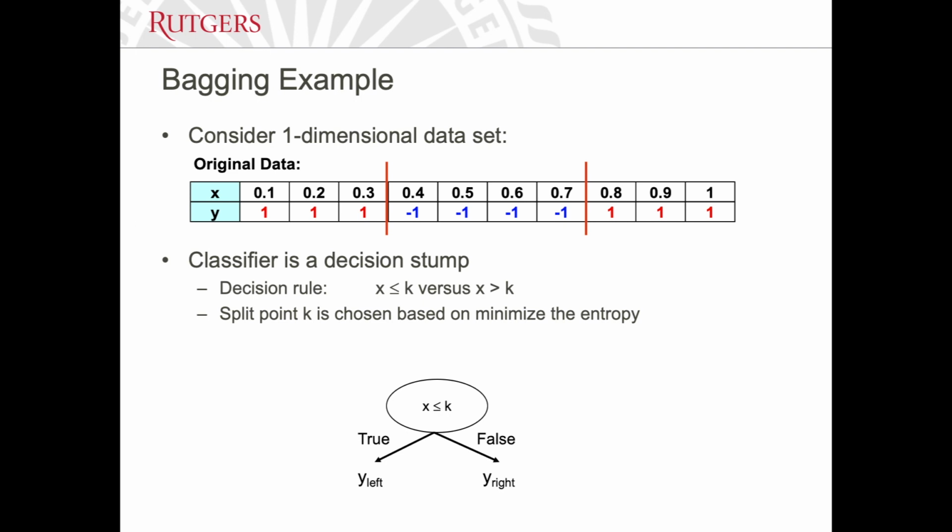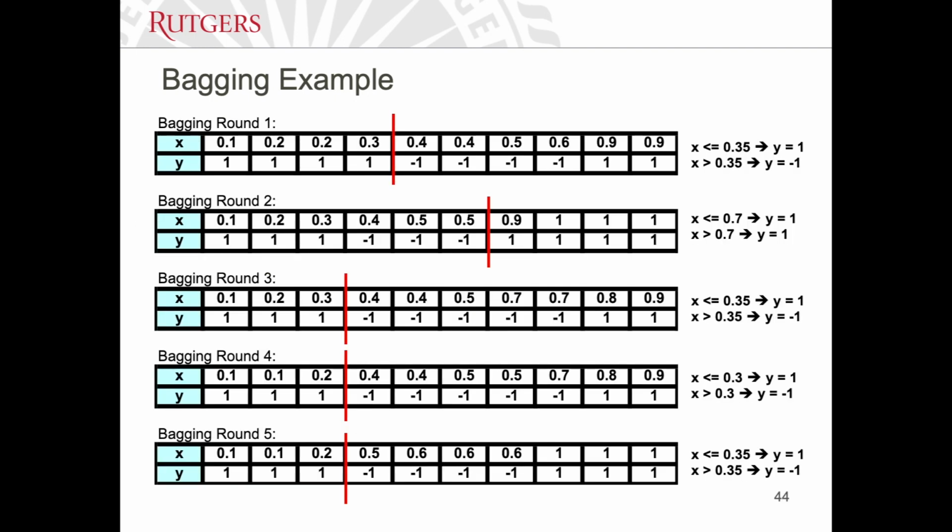Without bagging, the best split point is at either x ≤ 0.5 or x ≤ 0.75. Assume we apply the bagging procedure on the dataset using 10 bootstrap samples.